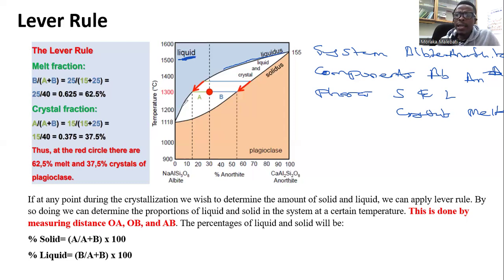Now, between these lines, in this white region, albite and anorthite are coexisting.